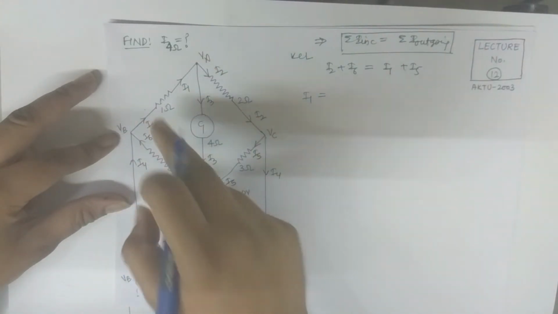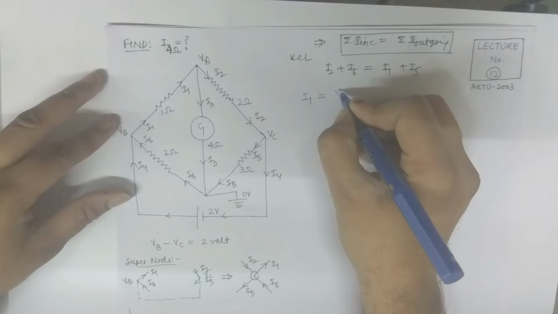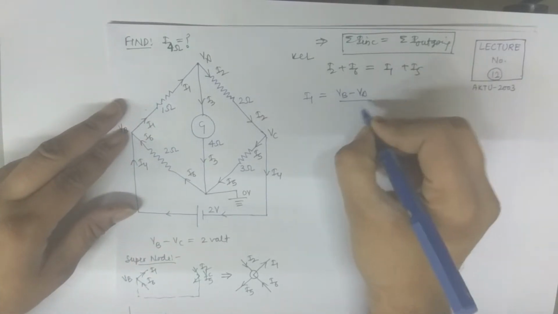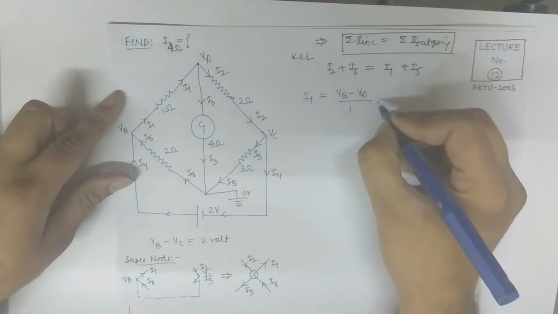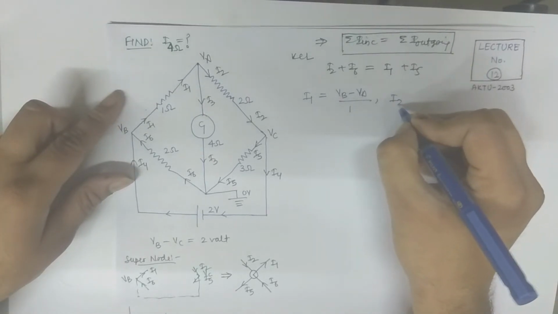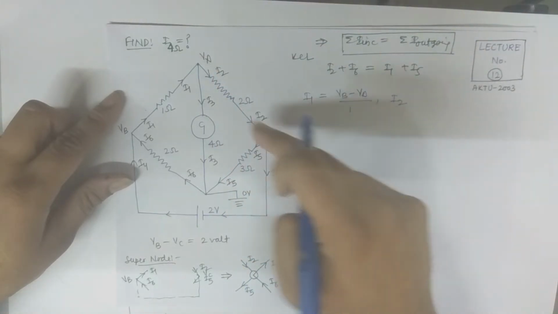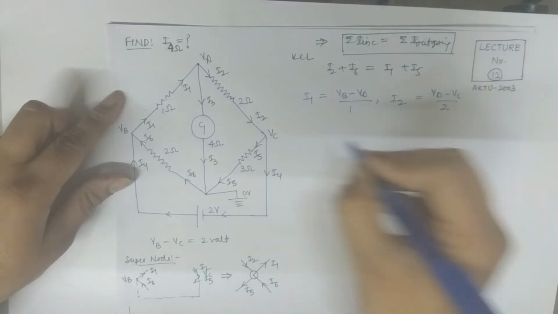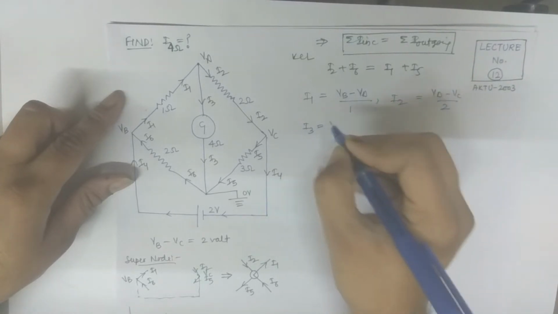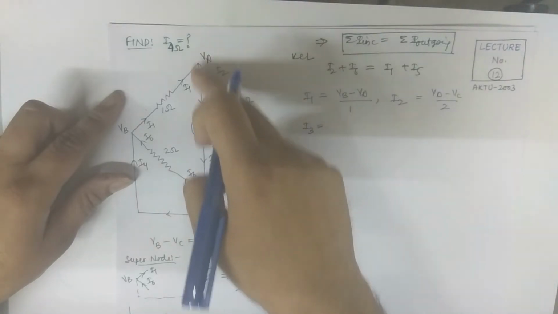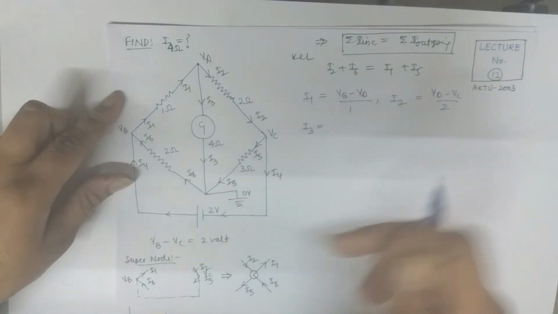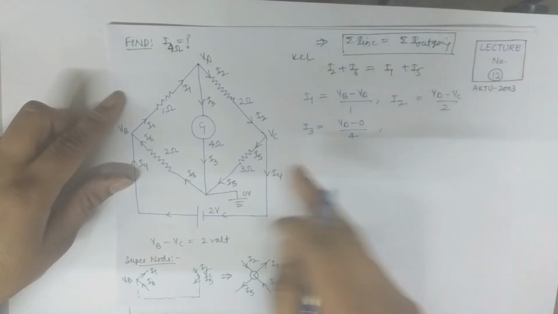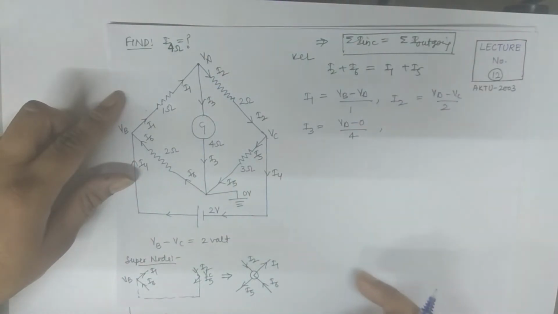I1 is VB minus VA upon this 1 ohm resistance. For I2, VA minus VC upon 2. I3 is here, VA minus 0 upon 4. This current is to be evaluated in the question given.